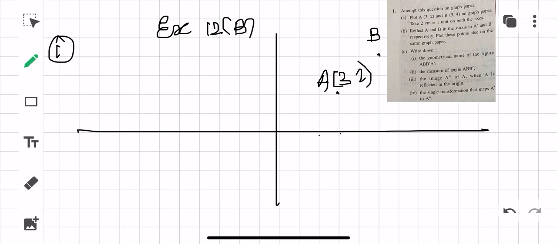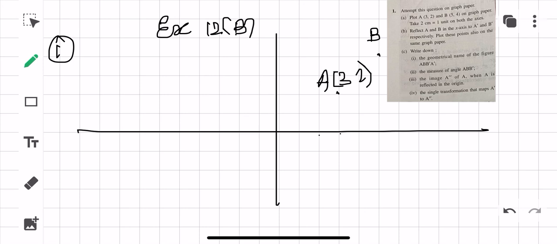Now reflect A and B in the x-axis to A dash and B dash. So you have to reflect these points in the x-axis. What does reflection in the x-axis mean, children? What we have seen is that if it is reflected along the x-axis, the x coordinate remains the same and what changes is the y coordinate.